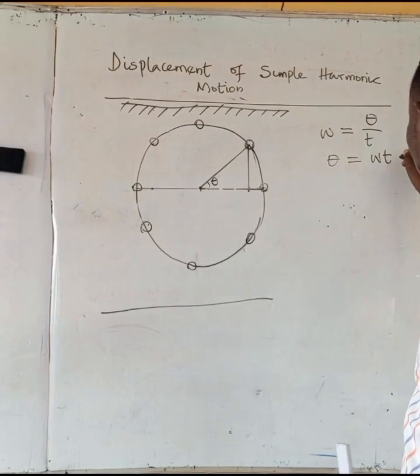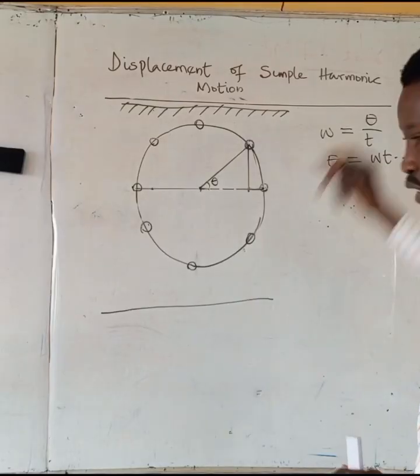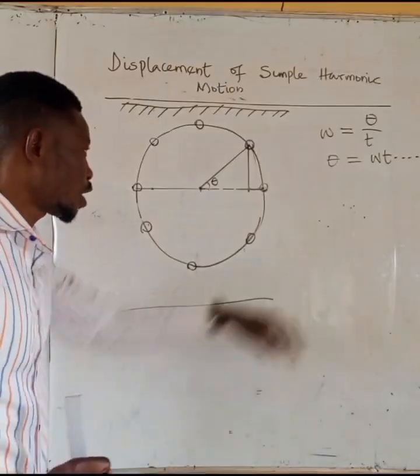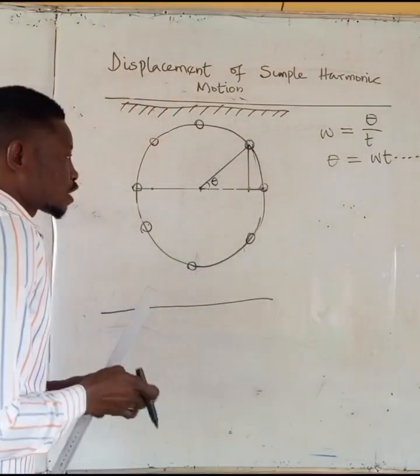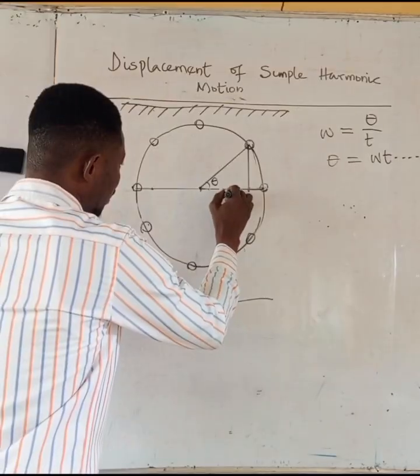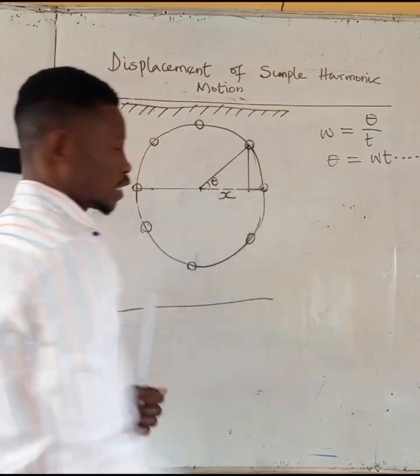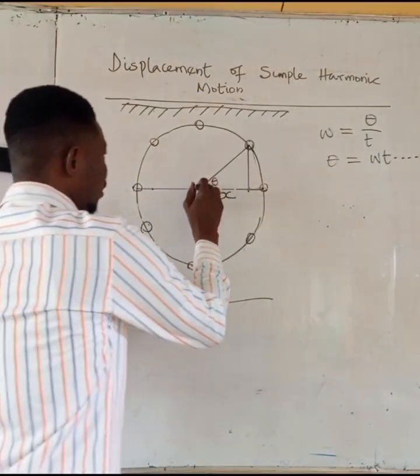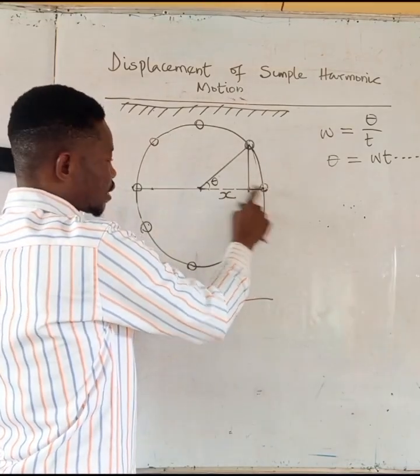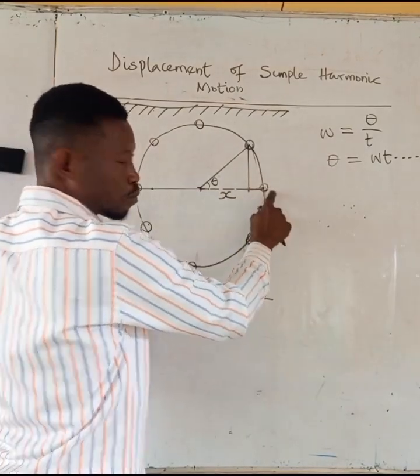We can call this our first equation so that we refer to it when necessary. Look at what we have just done. Since it is the horizontal axis, we will call this place x. From the center to the end here is a radius, and that's the maximum displacement we can have.